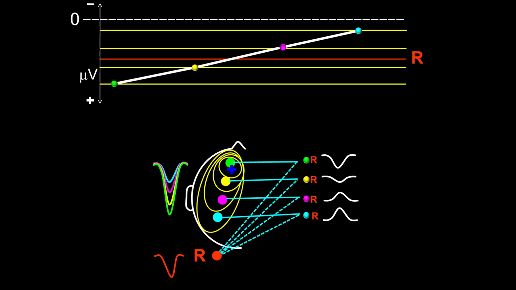The phase reversal in this situation occurs because the reference electrode is neither at the minimum nor at the maximum voltage of the field. Notice in the voltage graph the position of the non-reference electrodes in relation to each other, in relation to the zero line, and in relation to the reference electrode.